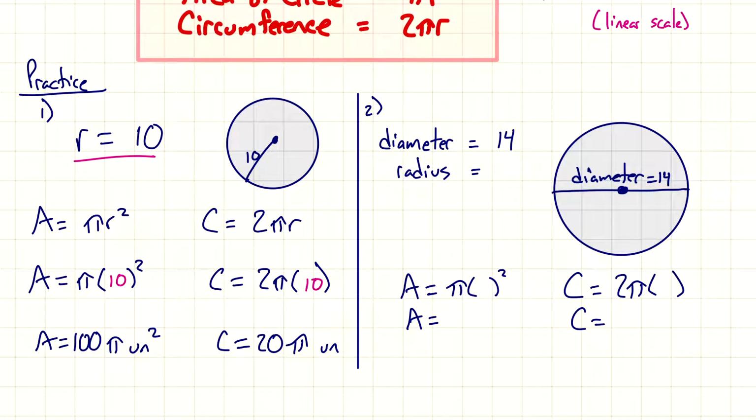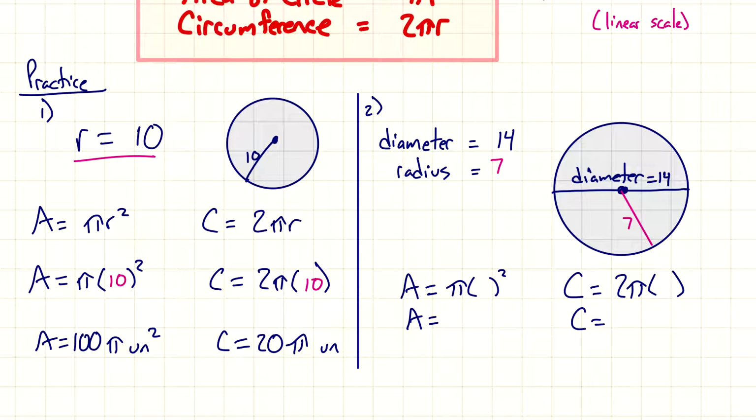The shortcut is, if this is the center and it goes to the edge, you'll notice it is exactly half. So in this case, the radius is going to be 7. If I draw this in, this would be 7.